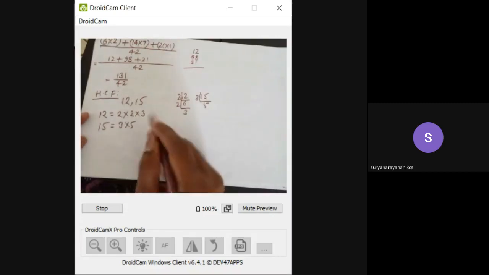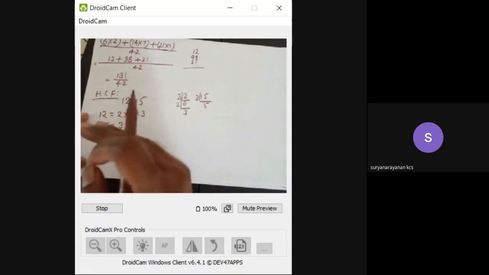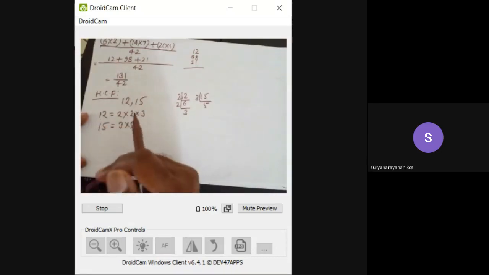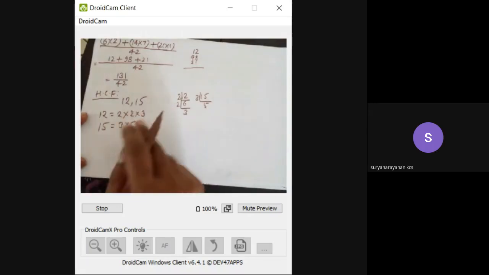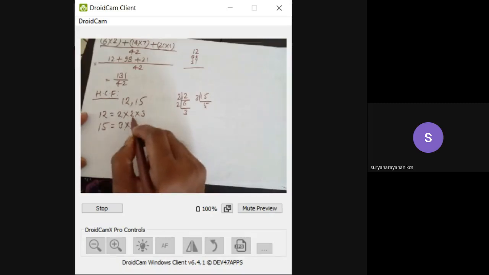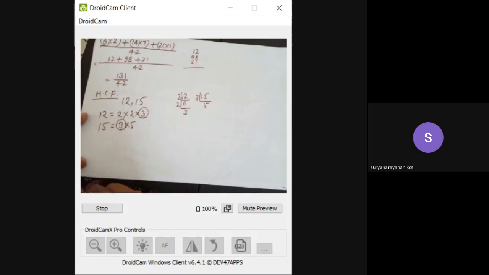Now, after writing the prime factorization of the two numbers or three numbers, sometimes they will give three numbers also, in those cases we write the prime factorization of the given numbers like this, and we have to circle the common numbers. Here 2 is there, here 2 is not there, but here 3 is there, here 3 is also there.